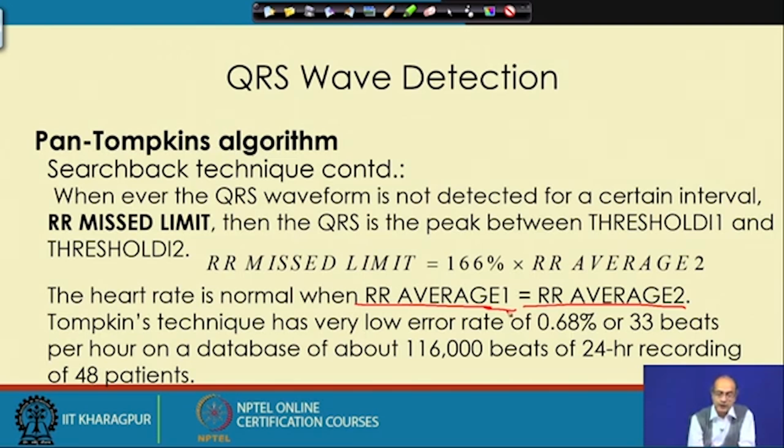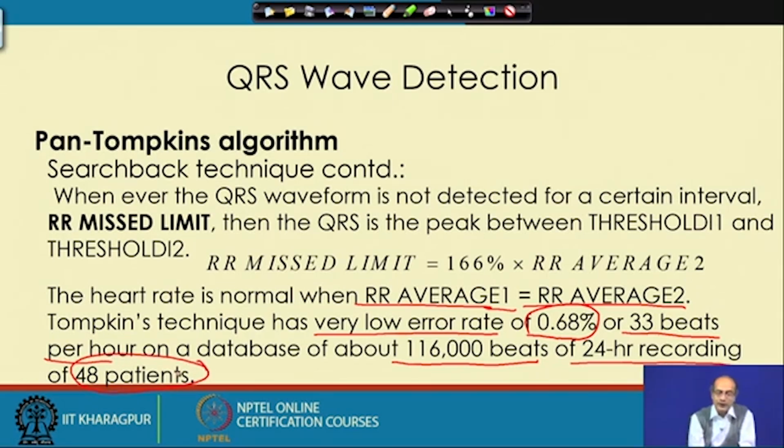And using this algorithm, which is a real time algorithm, Pan-Tompkins found that they could achieve a very low error rate, that is 0.68%. Okay. And that means only 33 beats per hour for a huge database of 116,000 beats of 24 hours recording of 48 patients.